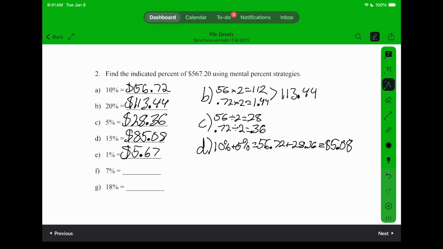Okay, 7%. Again, different strategies you can do. You can do 5 plus 1% plus 1%, or you can do 10 minus 1% minus 1% minus 1%. I'm going to do the 5 plus 1% twice.